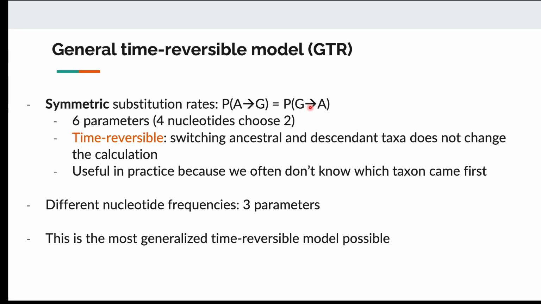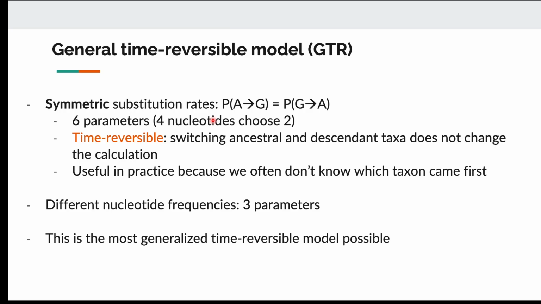So this model has 6 parameters for the substitution rate. Because we select 2 nucleotides, we have 1 substitution rate. A to G equals G to A, so A and G have only 1 rate. If we pick A and T, the probability of A changing into a T or T changing into an A is the same, so we only need one parameter. There are only 4 nucleotides.